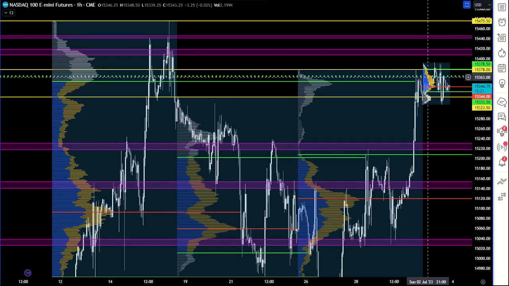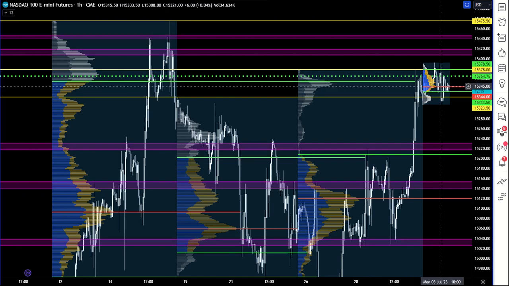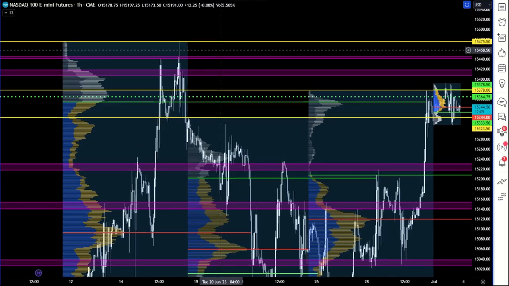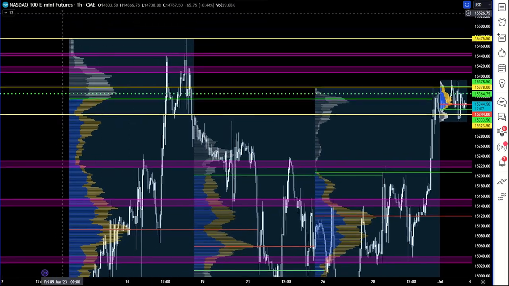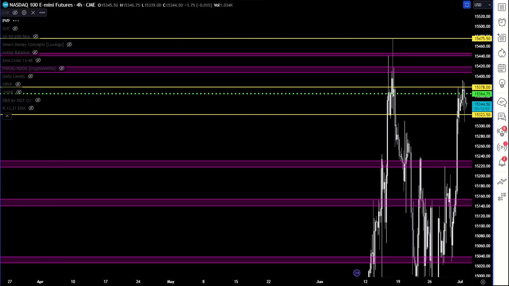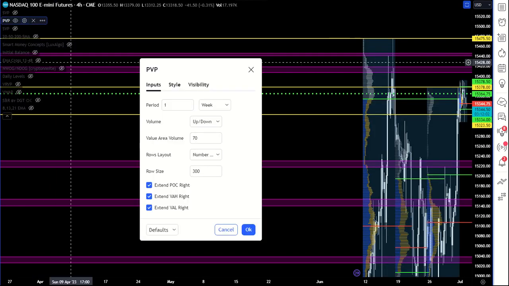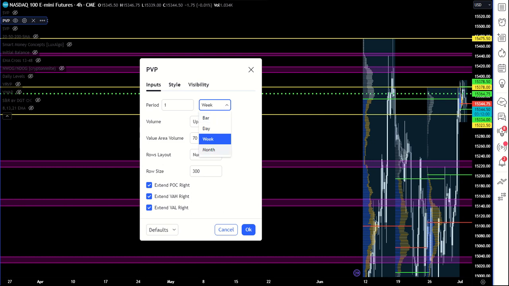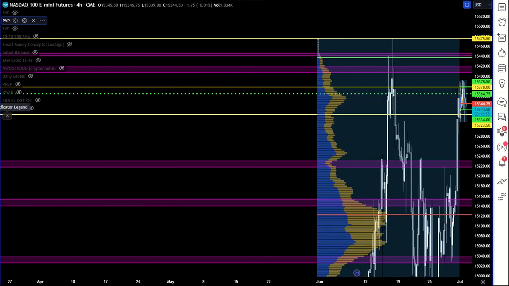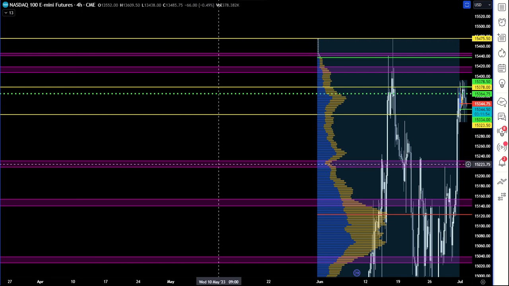There's a whole lot of accumulation going on right in here, but we've got the extreme weekly high for week 2 of June, but aside from that, we don't have anything. So I'm going to switch this to a 4-hour, and then let's look at a monthly view. And we're going to have to go back to 2022.